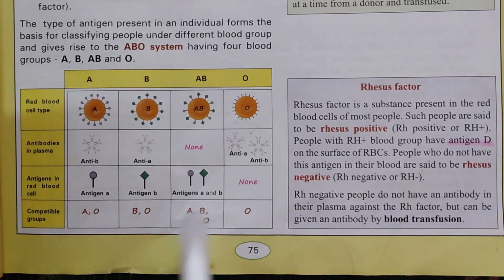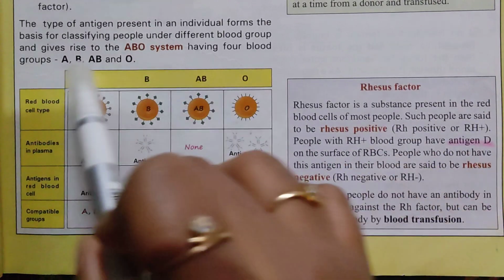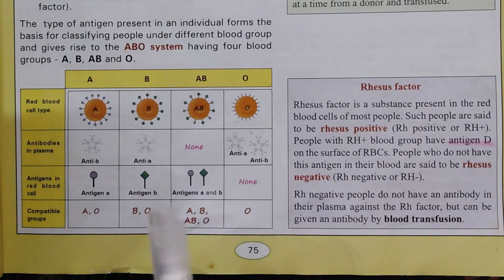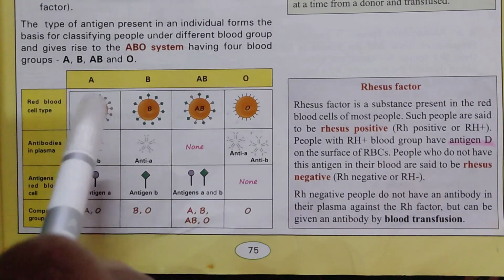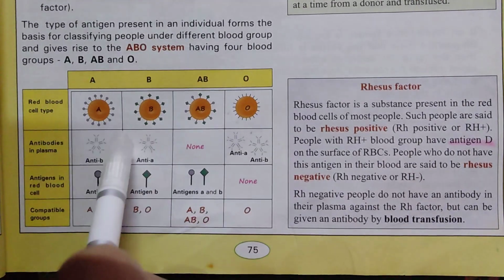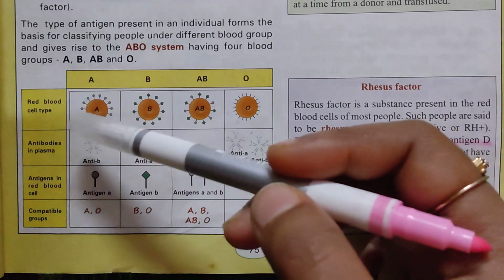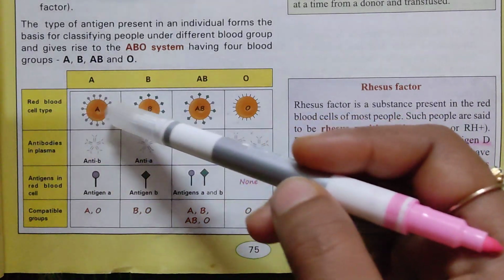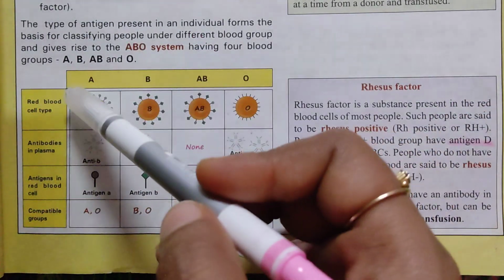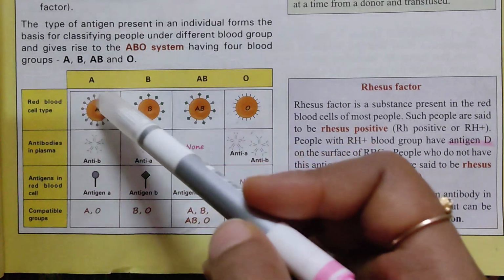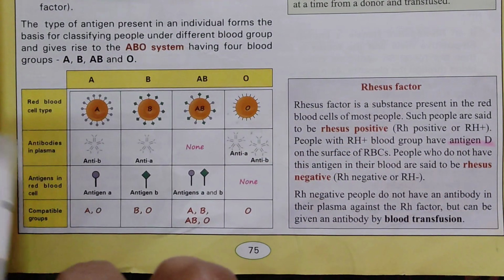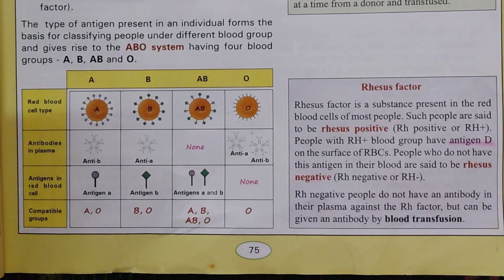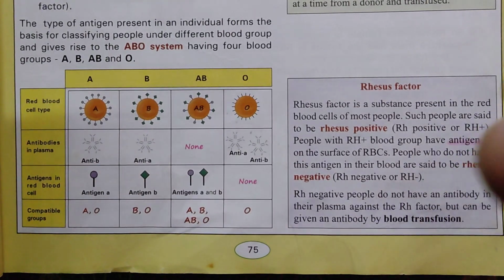Okay, before going to the next topic, let's see what the chart says. See over here, first of all we'll look at blood group A. In this you see there is presence of antigen. What antigen? This is antigen A. Okay, got it. So here we are having antibodies. Now let me tell you something.